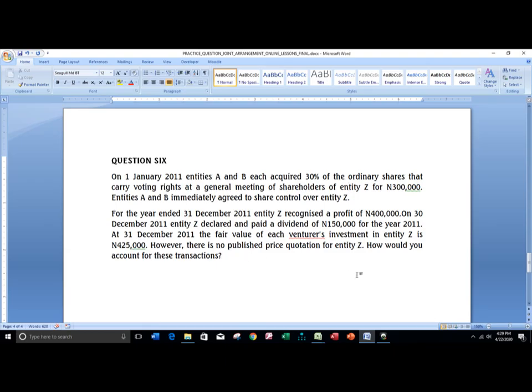And if it's a joint venture, IFRS 11 requires that we equity account for it, as provided for by IAS 28. IAS 28 is titled Investments in Associates.